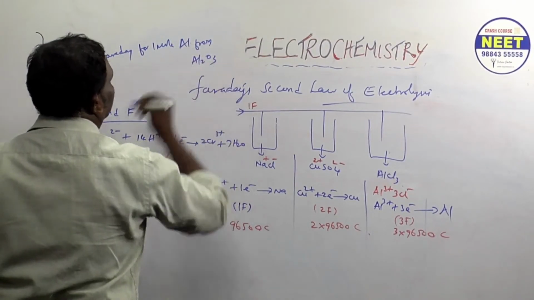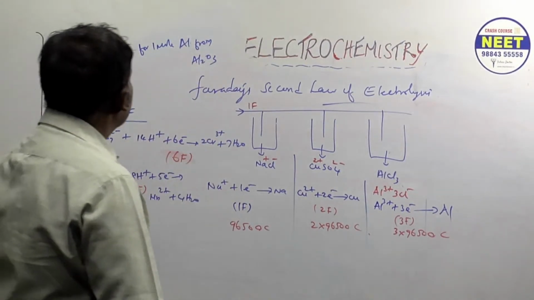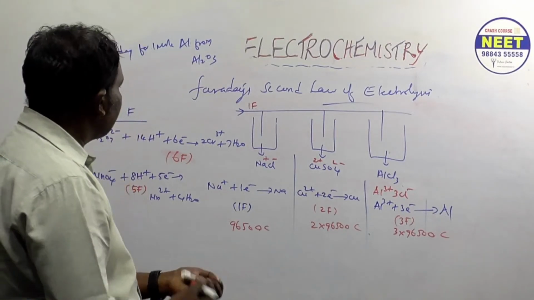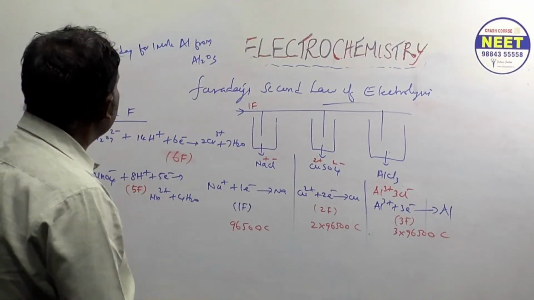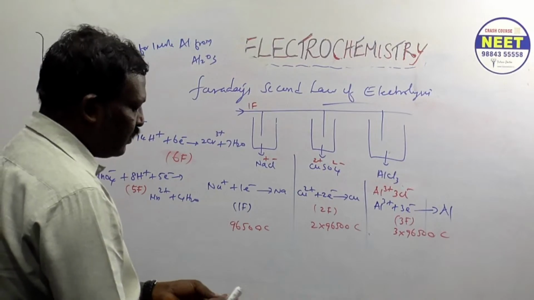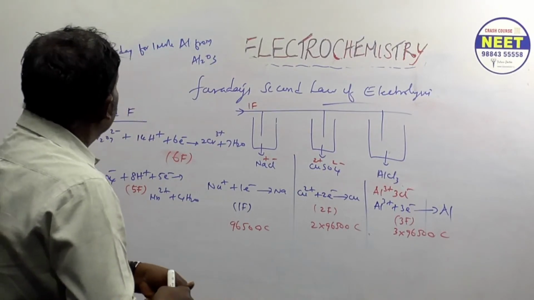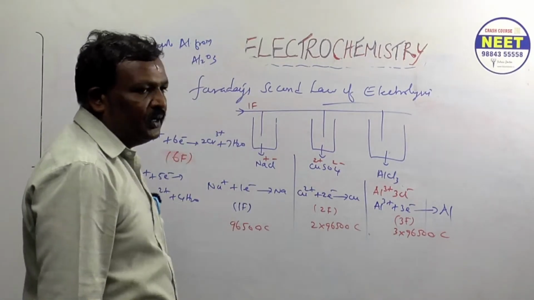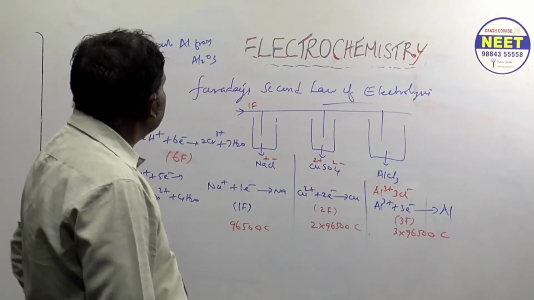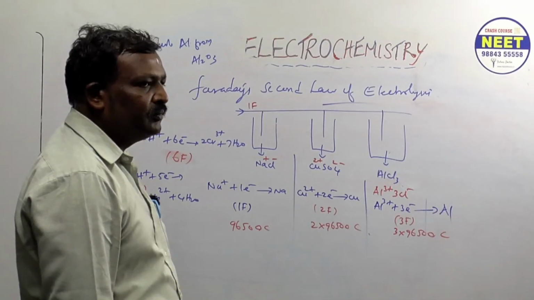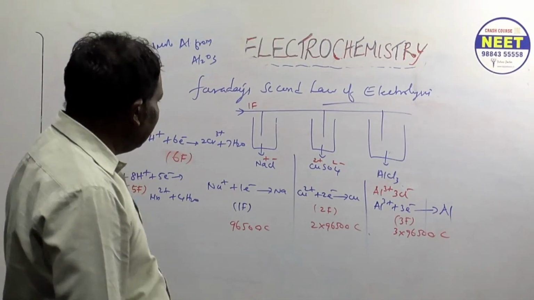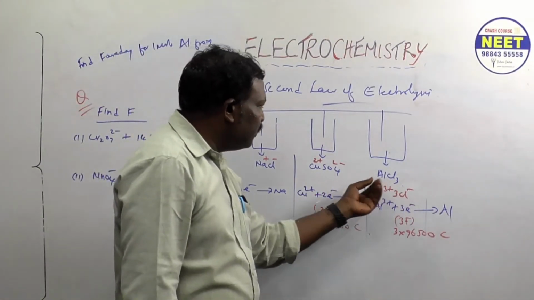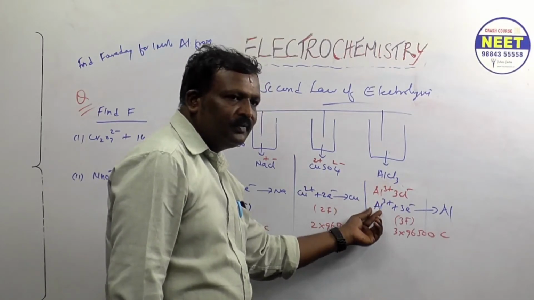Tell me correctly. I am telling you, in aluminum chloride, aluminum is in the form of Al3+.